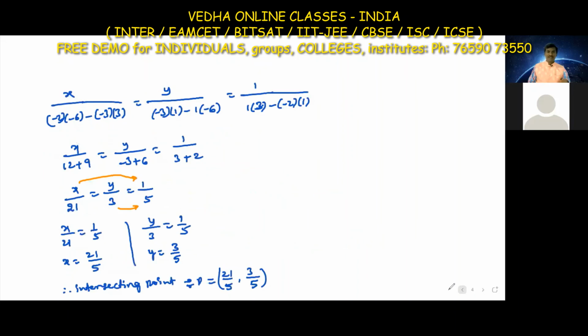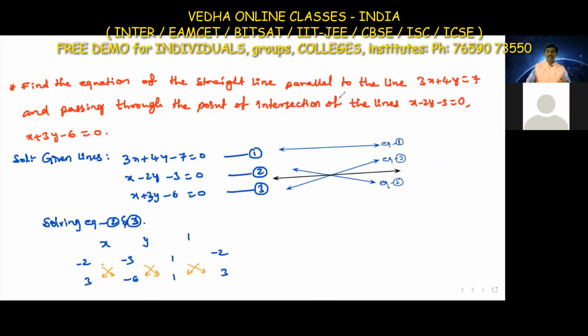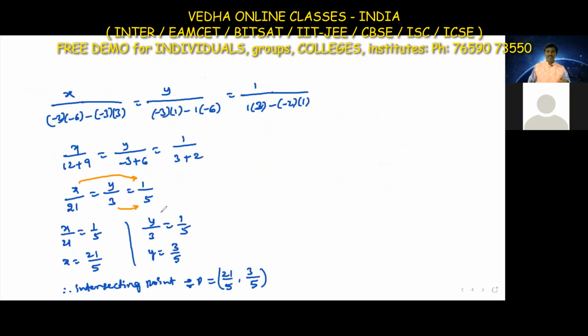Once again, let us discuss briefly what we did here. We took the given equations and found the intersecting point of equations 2 and 3, which is P of minus 21 by 5 and 3 by 5.